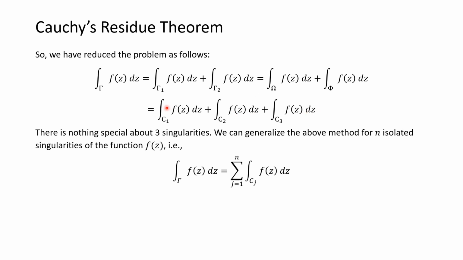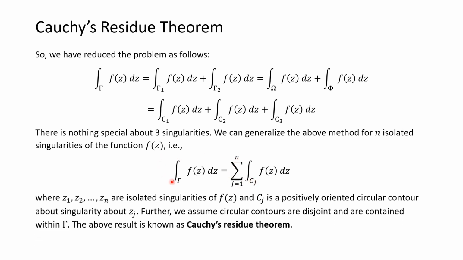We get this type of final result, and I just wrote this in terms of a summation formula. So this is the general formula where you have singularities z1, z2, z sub n. They're all within our contour of interest gamma.